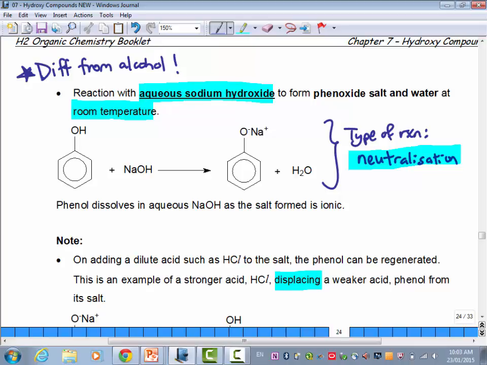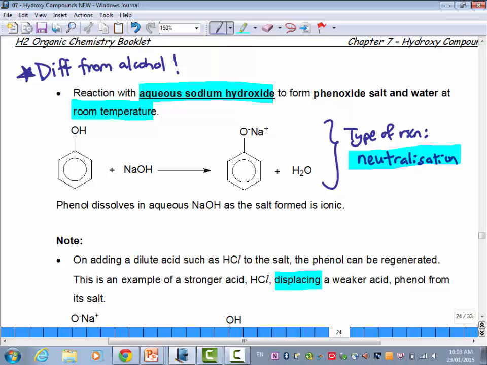So here we have a note. Let's say by mistake you add in the sodium hydroxide and you regret. So how can you get back phenol from phenoxide? The answer is very simple. You just need to add any inorganic acid such as HCl, HNO3, maybe not HNO3. Probably the best will be HCl.